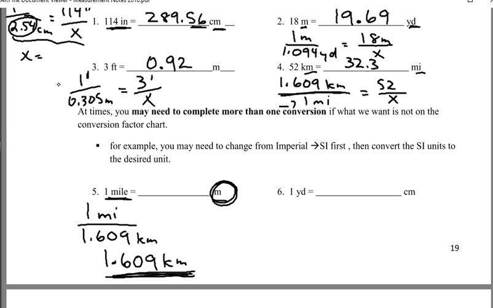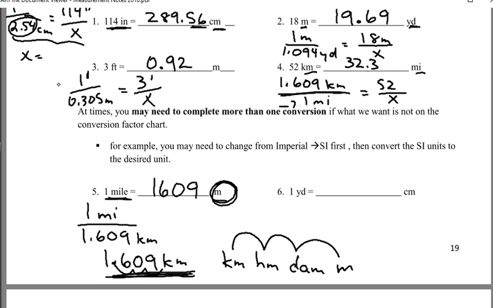So now that I have the correct type of measure, metric, now I can do my conversion to metric. Kilometers, hectometers, decameters, meters. Well, kilometers to meters is 3 times to the right. 1,609 meters.